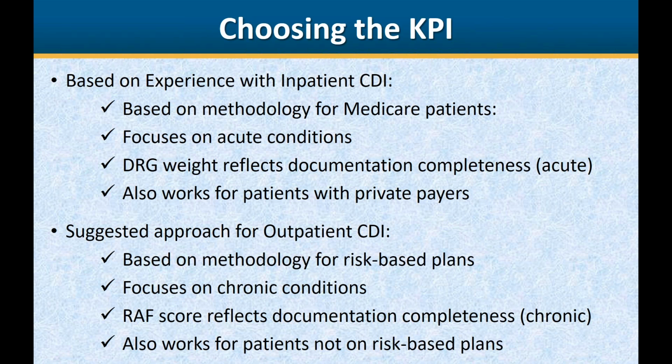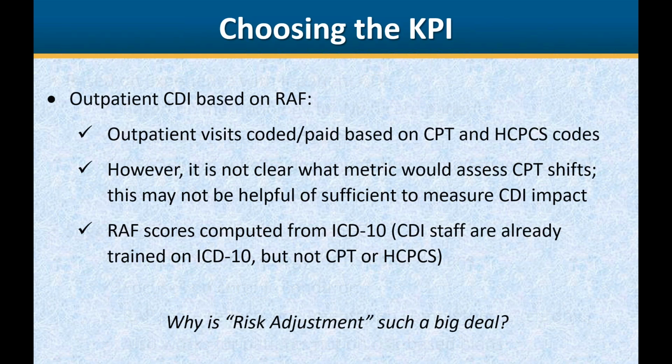And similarly, if you focus on a risk-adjusted score, which really applies to Medicare Advantage and some other paying plans, that's a really good measure of the completeness of your documentation of chronic conditions. So I want to talk about risk-adjusted scores because that is what I am proposing as a superlative KPI.